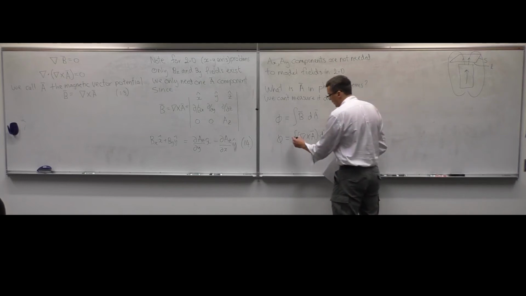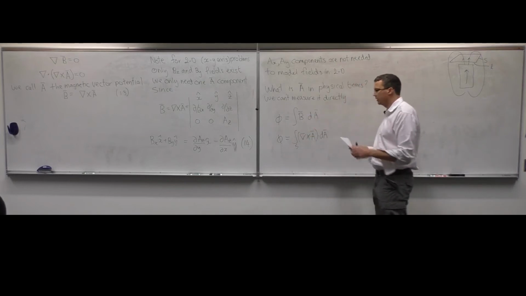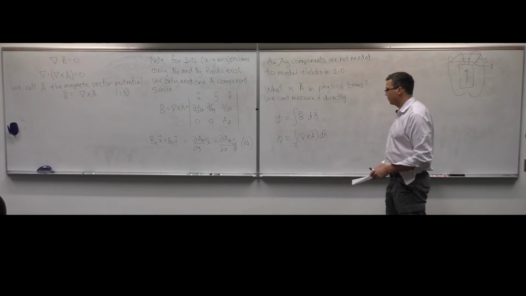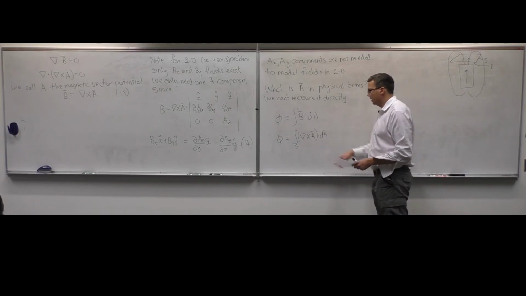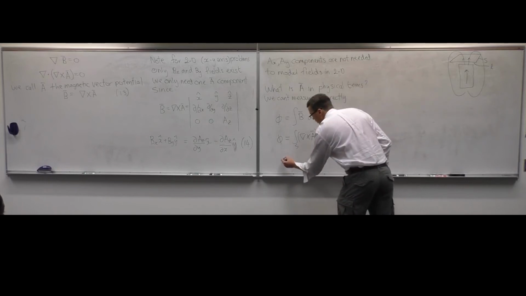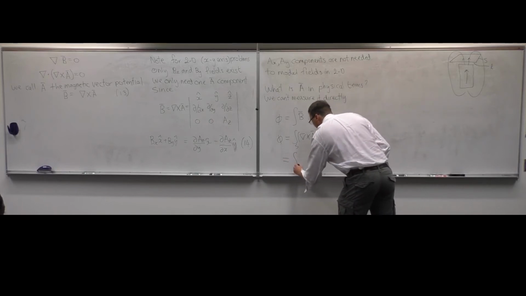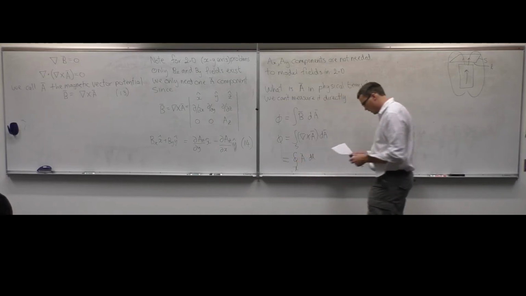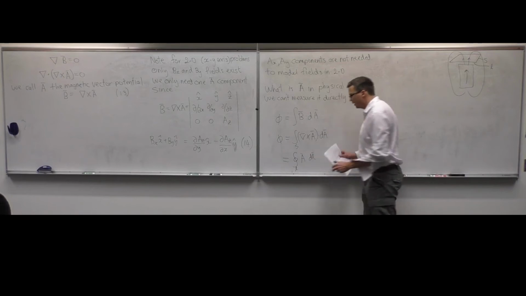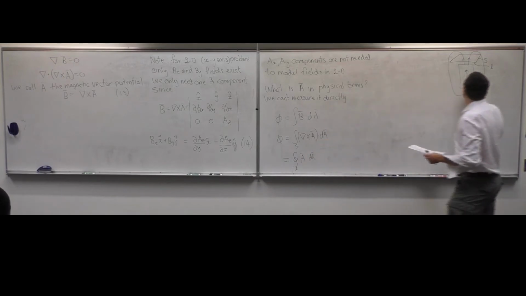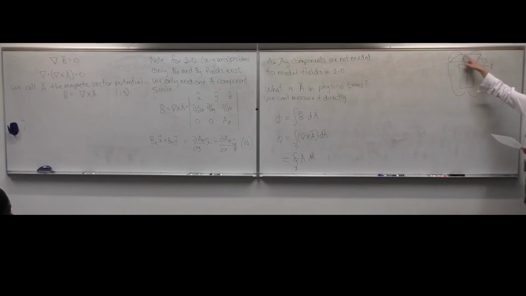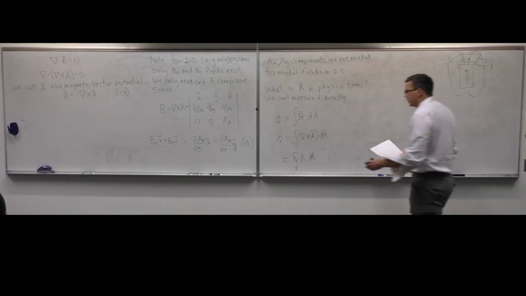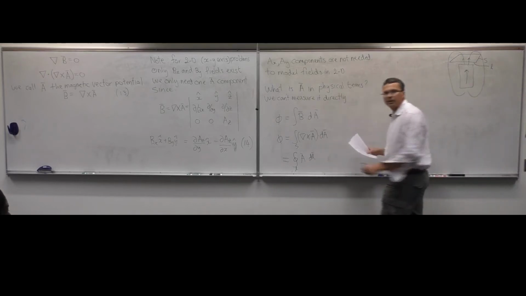So this is a surface, not a closed surface, it's a surface. So we can use Stokes' theorem to transform this into a line integral. So then this becomes a line integral where we evaluate A dot dl around a loop. And that loop that we evaluated around in this example here is the edge of this rectangle.